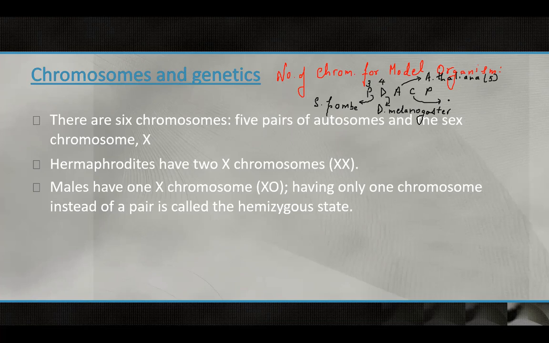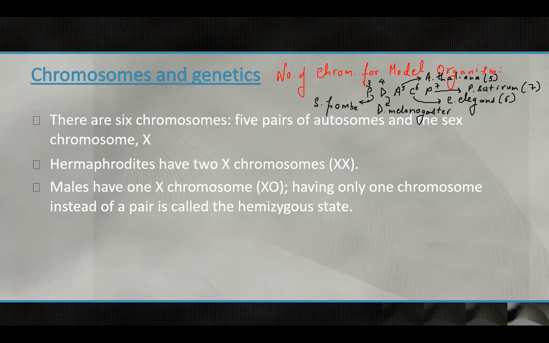C refers to Caenorhabditis elegans, and Caenorhabditis elegans has six chromosomes, whereas the last P refers to Pisum sativum. This Pisum sativum has seven chromosomes. So 3, 4, 5, 6, 7.